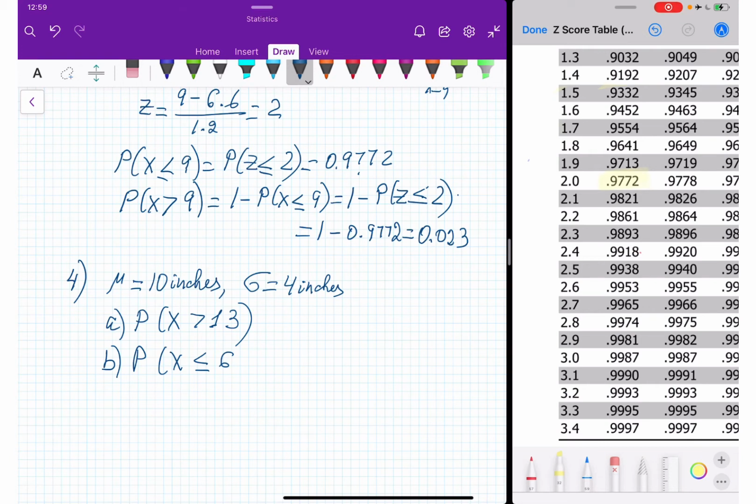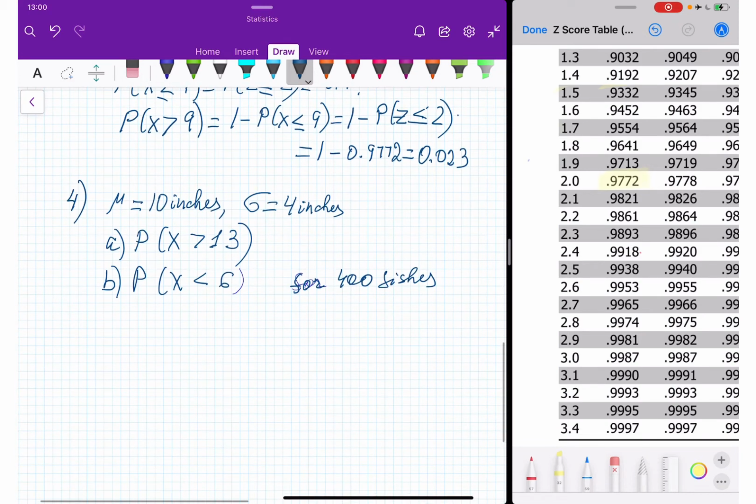It says shorter, okay, then we don't put equal sign because it's asking shorter, less than 6 inches. And that is for 400 fishes.